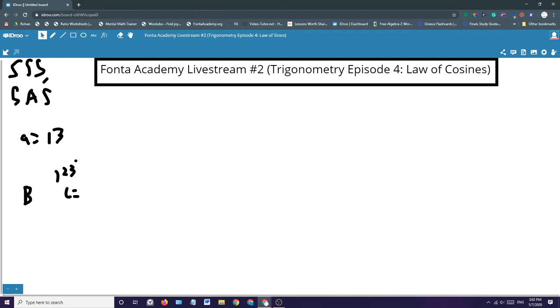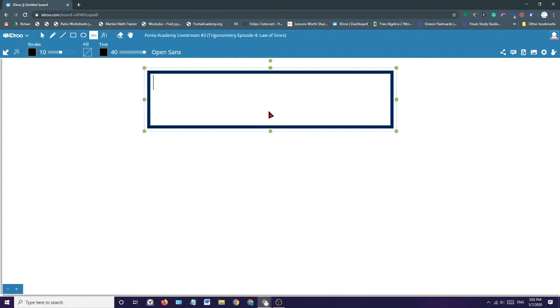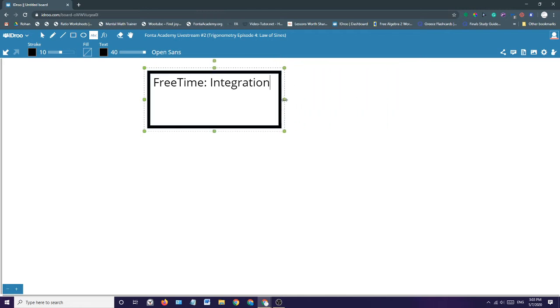We still have enough time to do some integrating. So I'm going to call this free time integration, that is what we're going to do.